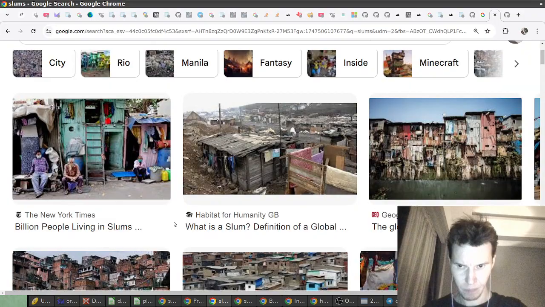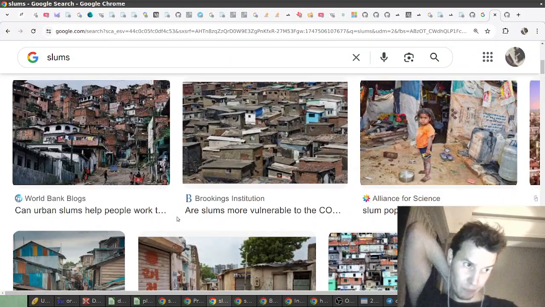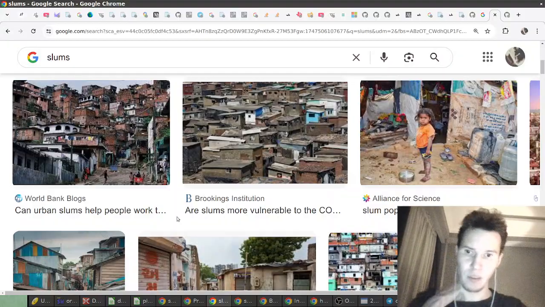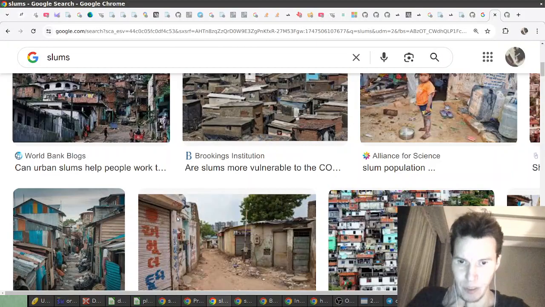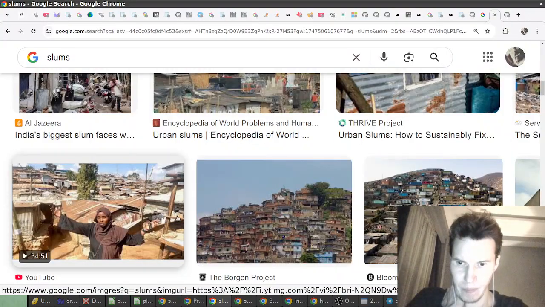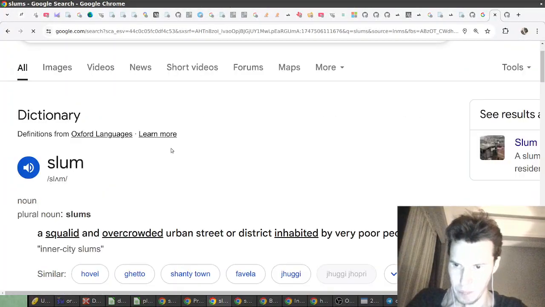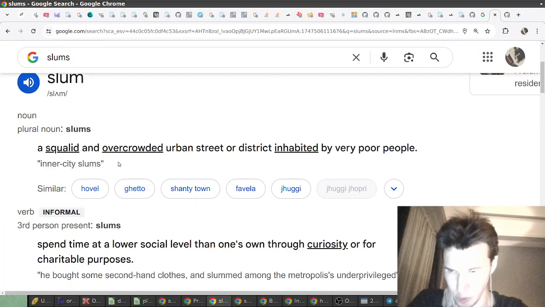It's like poor. How to say it? It's like the place where very poor people live, maybe. Slums. Squalid and overcrowded urban street or district inhabited by very poor people.